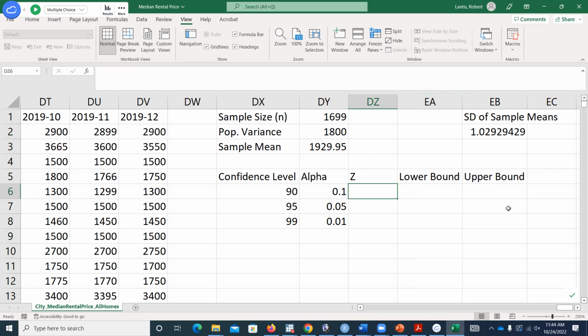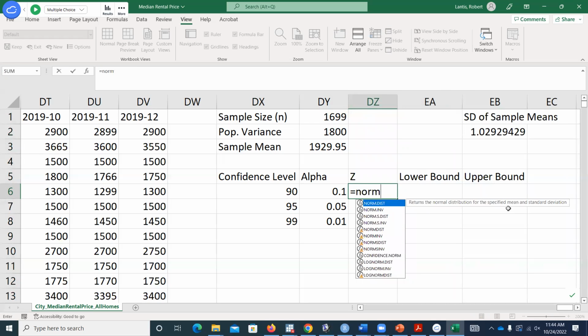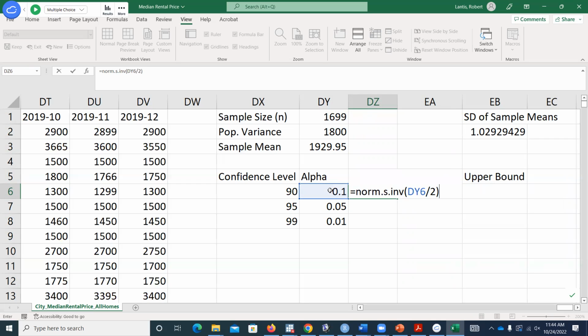So how can I use Excel to find this for me? Well, in practice, we use the table, right? By doing this by hand, we were working in the inverse process. So this is why I showed you one of these functions before. We're using that standard normal distribution, so norm.s, and we're working in the reverse or the inverse. So norm.s.inv, all we have to tell it, what's that area that we want in that lower left tail? Alpha divided by 2.